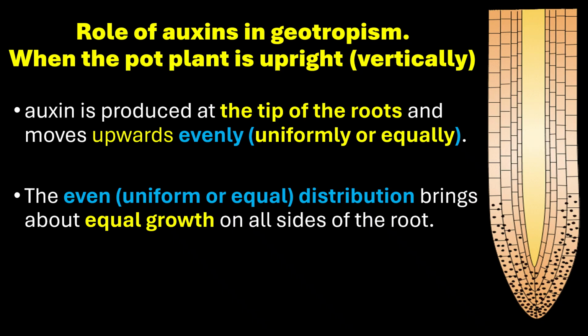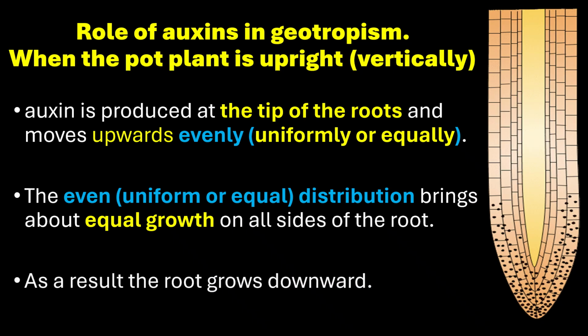So we have an equal amount of auxins in every part, promoting equal growth. As a result, the root grows downwards.